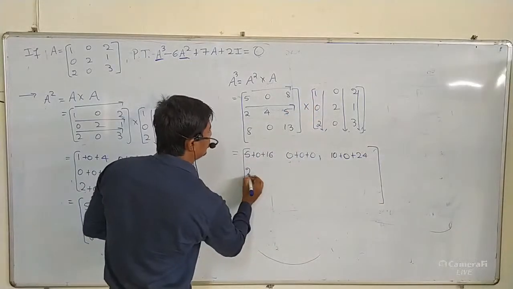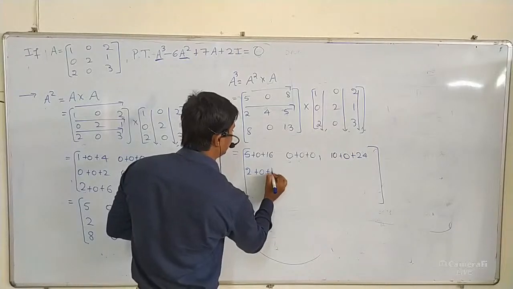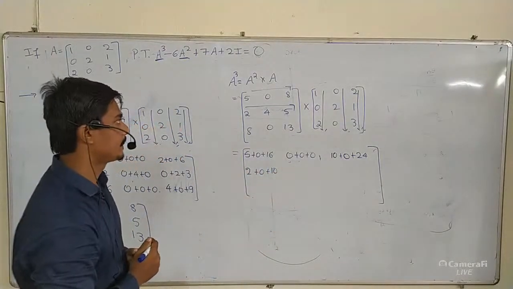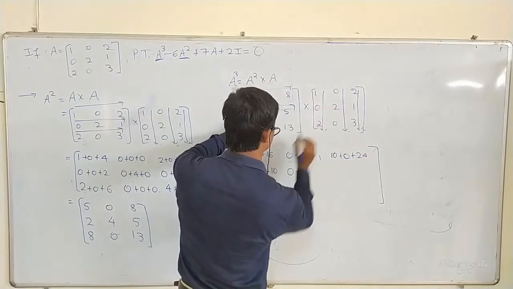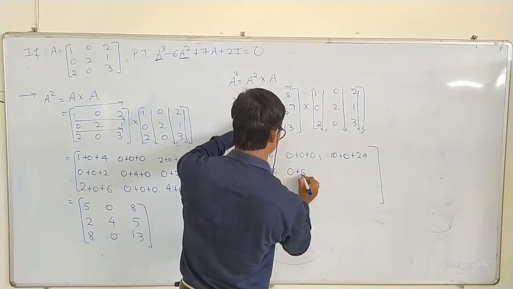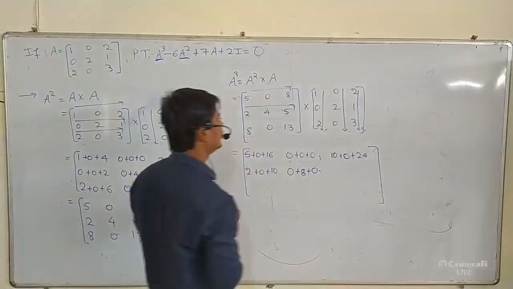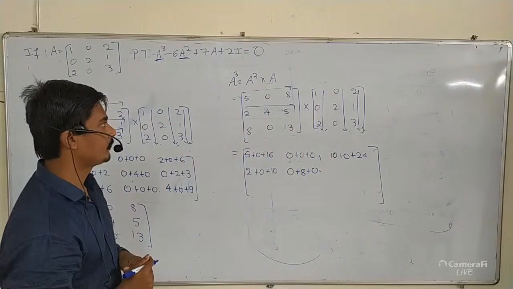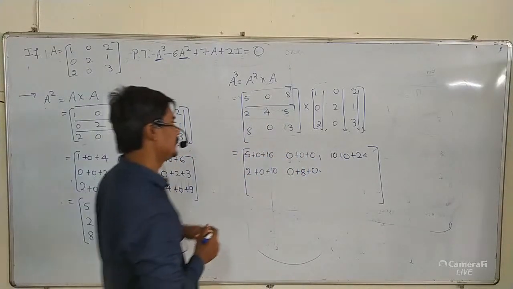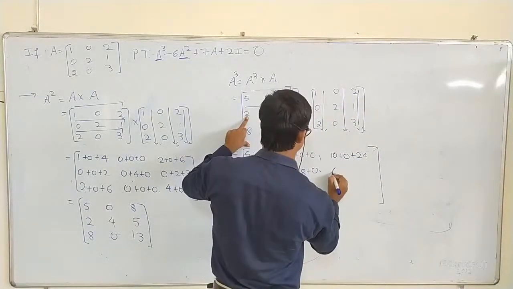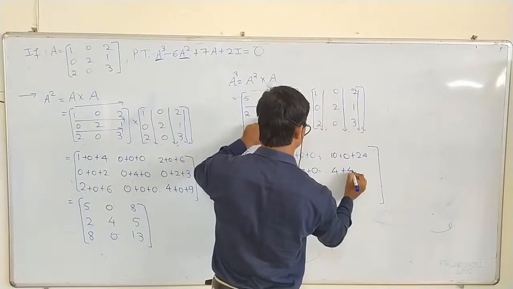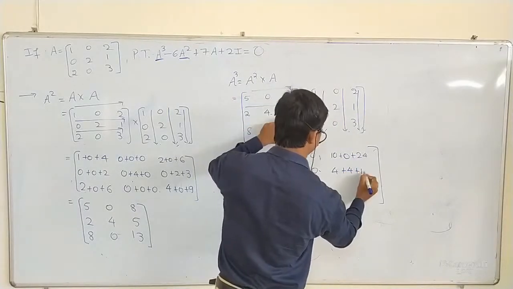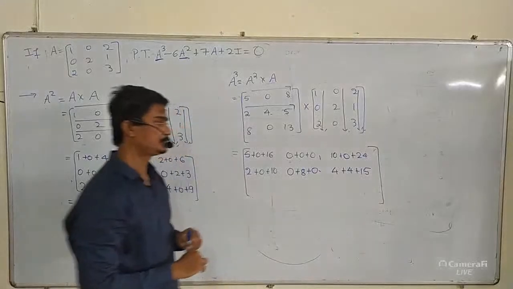Second row, first column: 2 ones are 2, 0, 5 twos are 10. Second row, second column: 2 zeros are 0, 4 twos are 8, 5 zeros are 0. Second row, third column: 2 twos are 4, 4 ones are 4, 5 threes are 15.